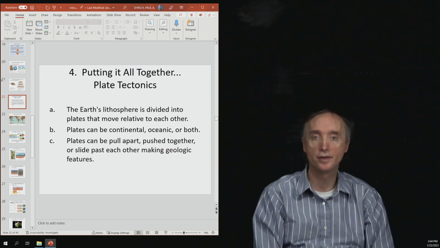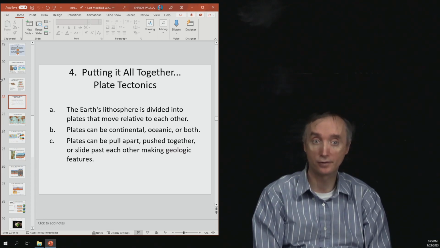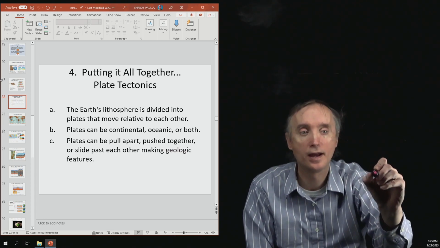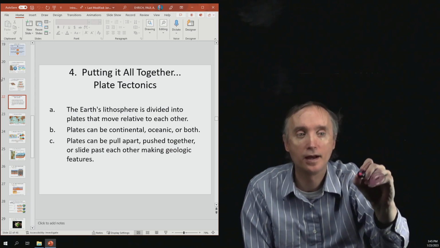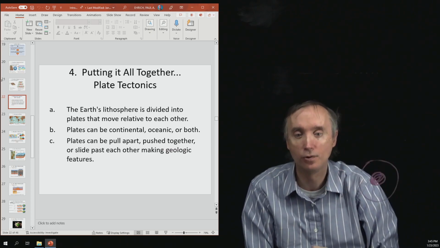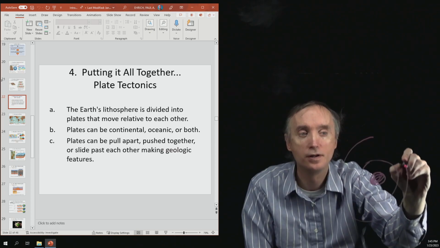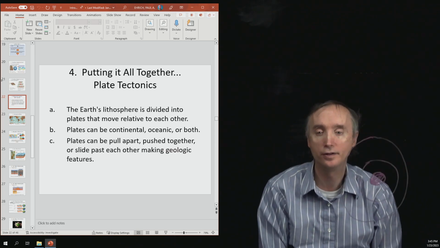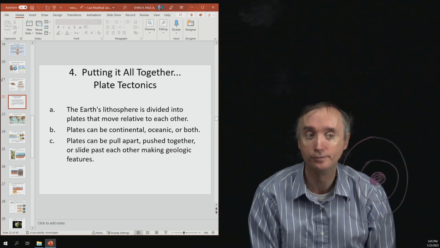One, that the Earth's lithosphere is divided up into plates that move relative to each other. So what do we mean by the lithosphere? The Earth has a solid inner core, then a liquid outer core, then an area called the mesosphere, which is solid, but yet it can move very, very slowly like a liquid.